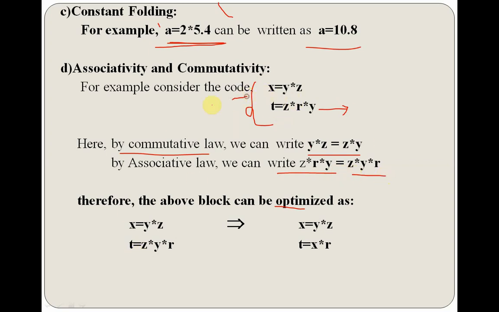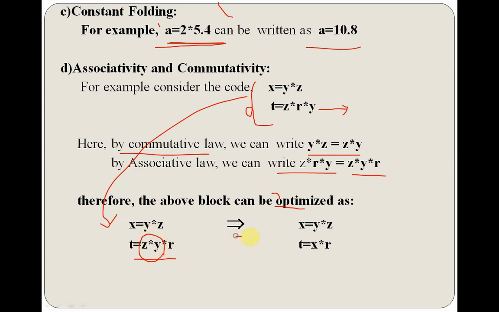Take the first one. First line is the same, x equal to y into z. Second one, t equal to z into r into y. I am going to modify this as z into y into r, so that I can use the x value instead of z into y.